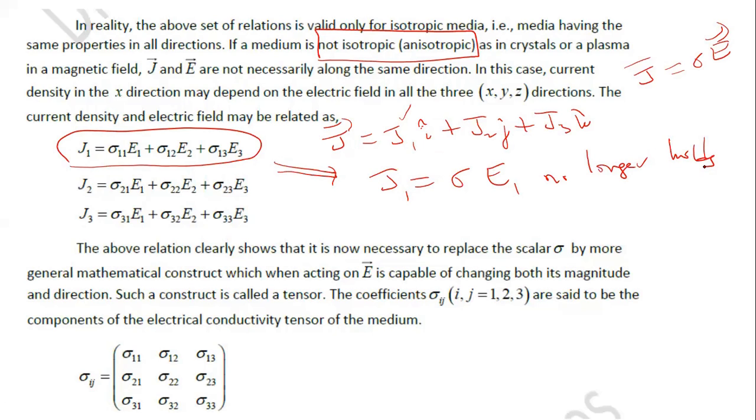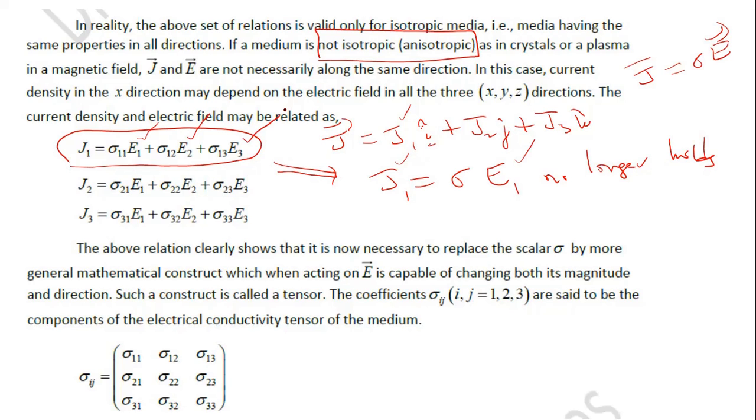So now j1, the current along the x-axis, the i cap direction, is not only determined by the electric field along that direction. That current j1 is also influenced by the electric field along the y direction and the z direction, that is, by the electric field along x, y, and z.